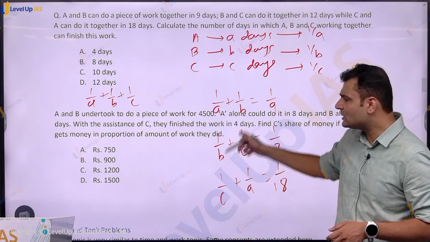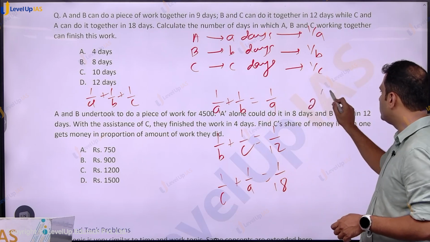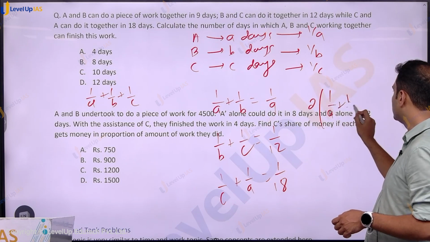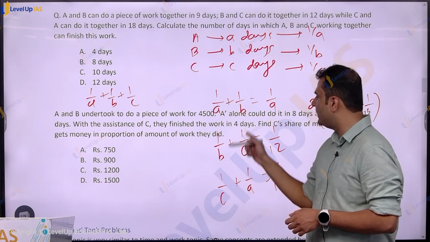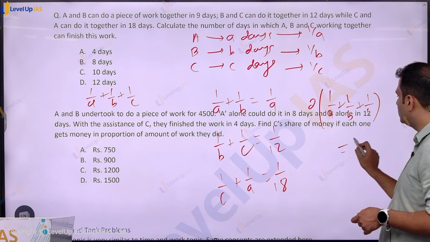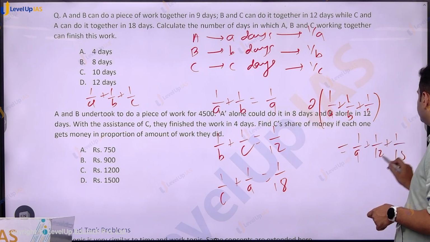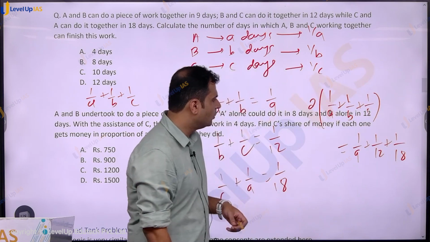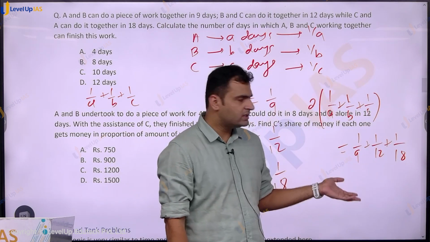If you add LHS and add RHS, what will you have? If you add the left hand sides, you have 2 into (1 upon A plus 1 upon B plus 1 upon C). See, 1 by A, 1 by A, so 2 by A, 2 by B, 2 by C. 2 I can take common, is equal to this addition: 1 by 9 plus 1 by 12 plus 1 by 18. So what is the LCM? LCM is 180, right?